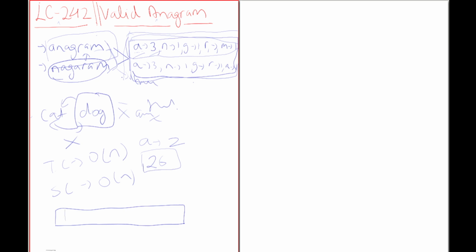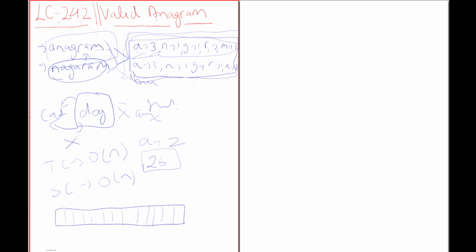So we can have an array of size 26, right? This frequency array will represent all the alphabets in the English alphabet.